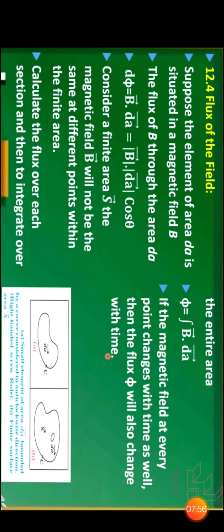Now consider a finite area. The magnetic field vector B will not be the same at different points within the finite area. Calculate the flux over each section and then integrate over the entire area. Therefore we get the equation phi is equal to the integration of vector B dot vector dA.